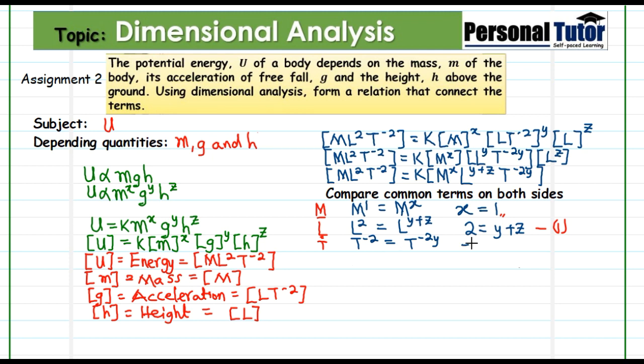And that will be negative 2 equals negative 2Y. Let's then find Y by dividing both sides by negative 2. And after possible cancellations, you could arrive at Y being equal to 1.